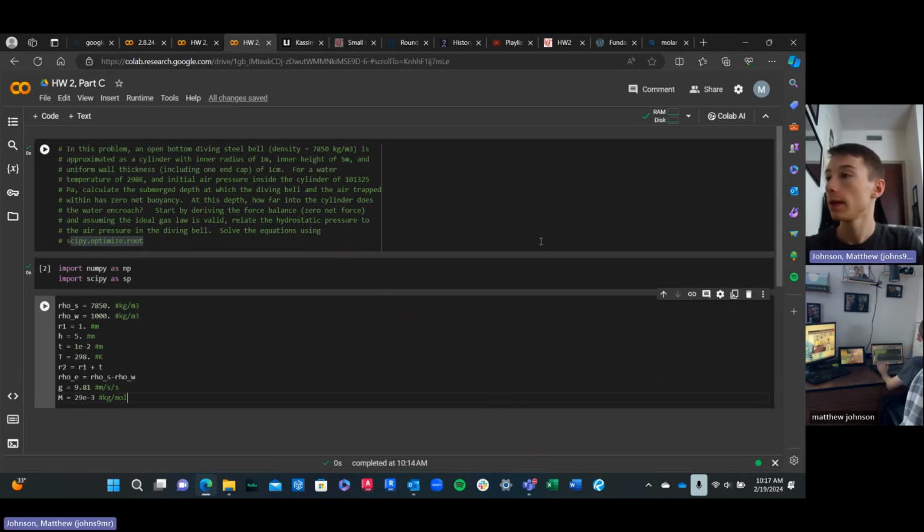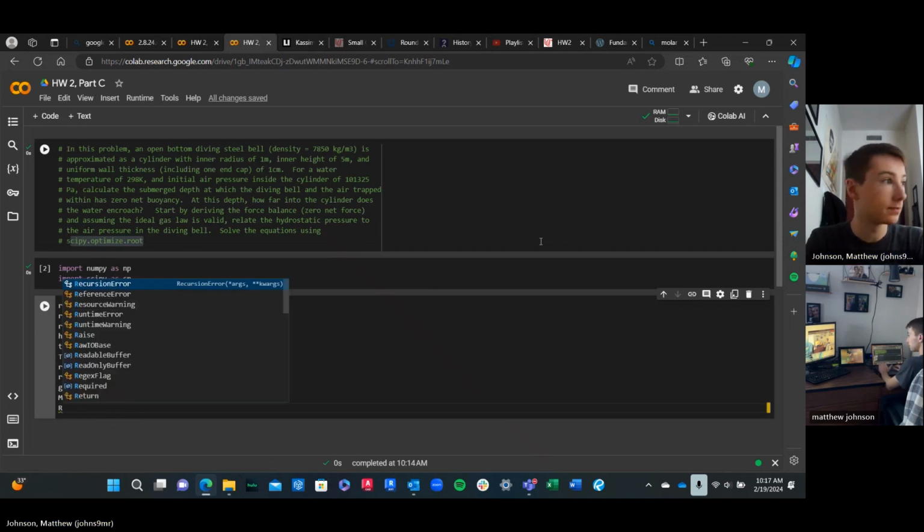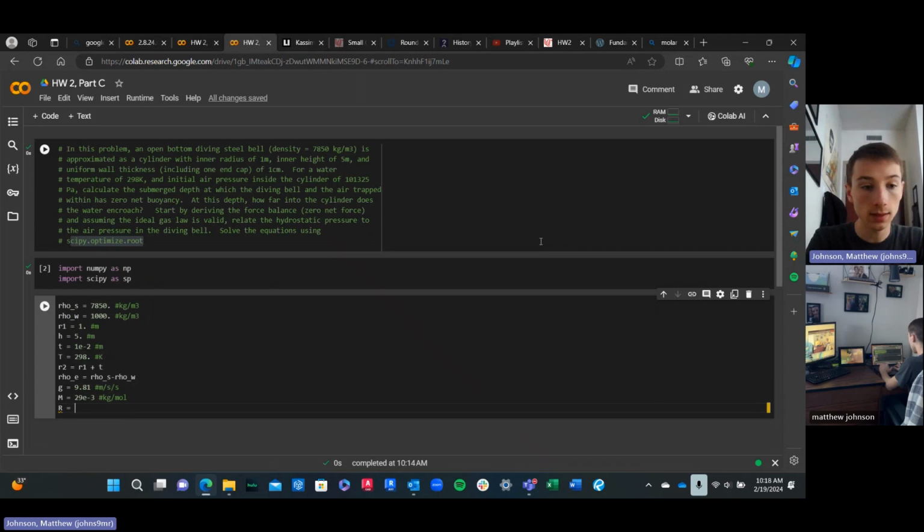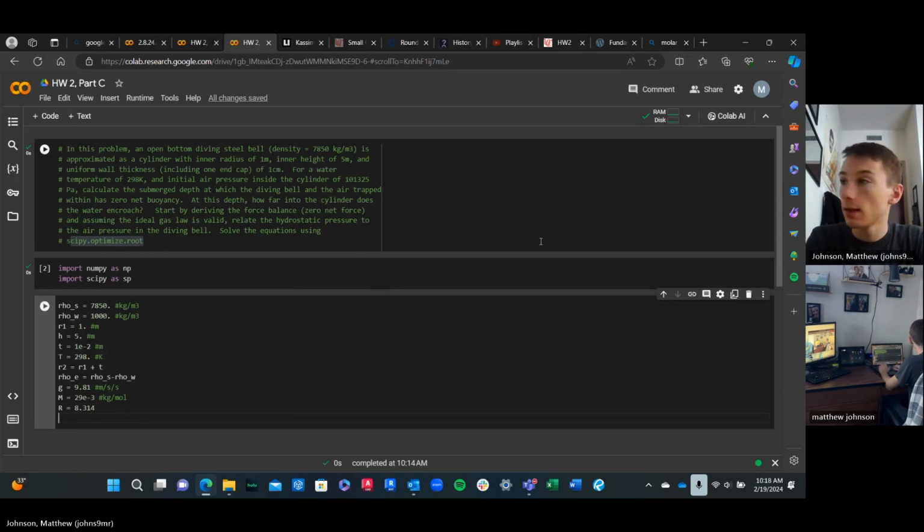Then we have the gas constant R, we'll need that. Gas constant R, 8.314. Then we've already defined temperature. For water, HH.